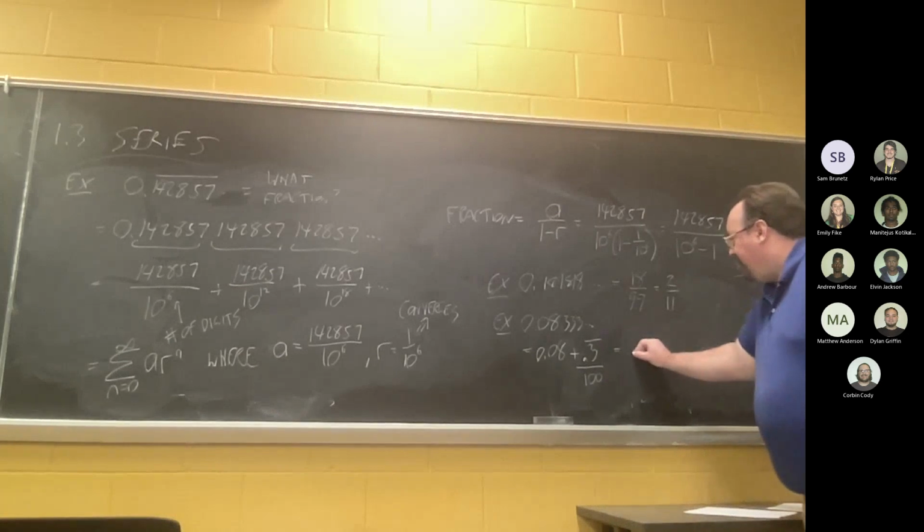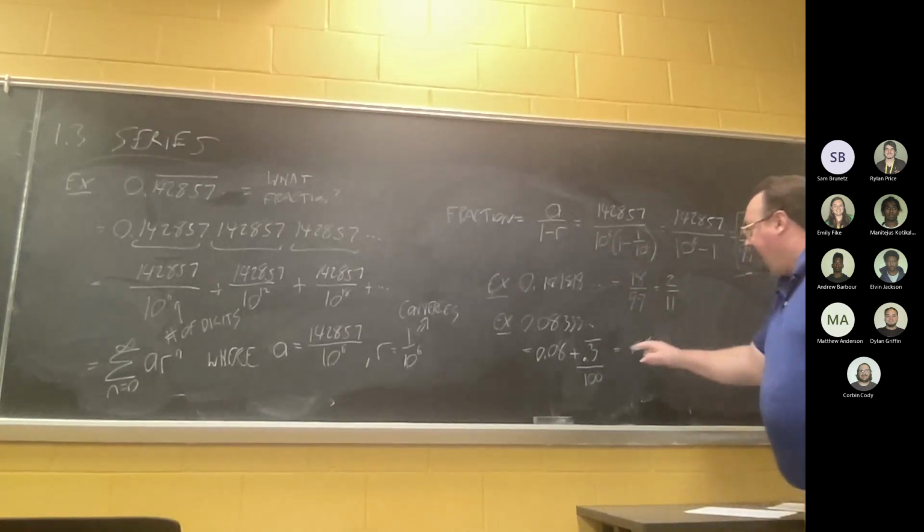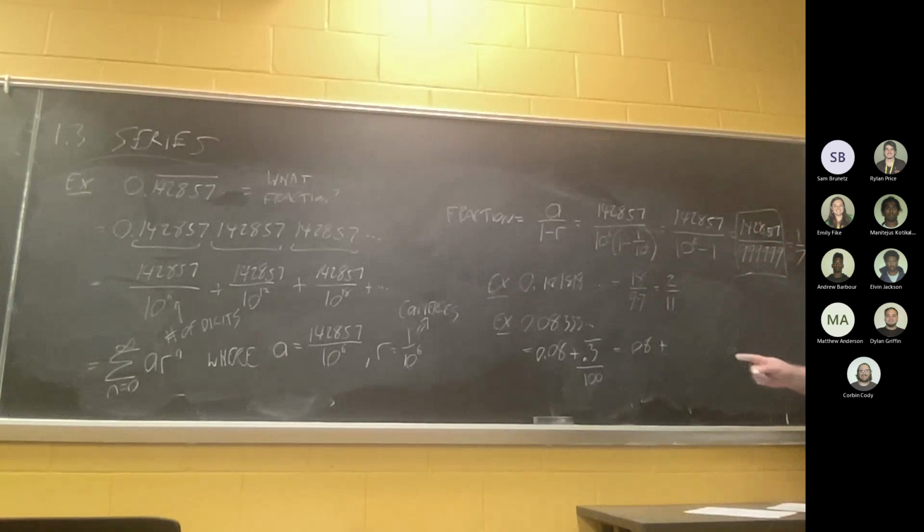So we have 0.08, and then the 0.3 repeating, for that you could use the method I've described. It's 3 over 9, but that's just 1/3, of course.